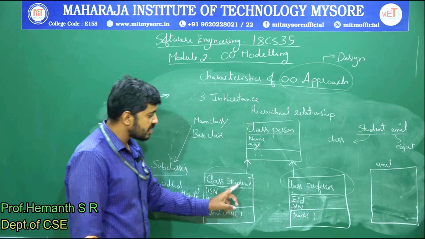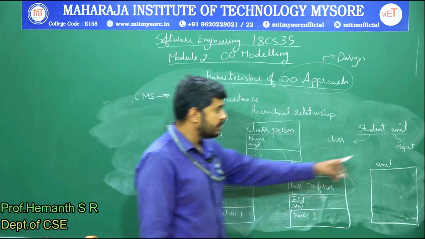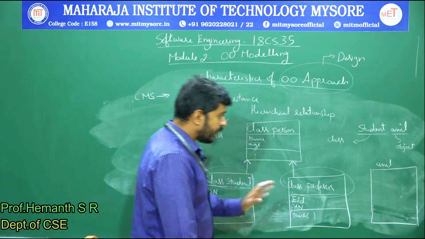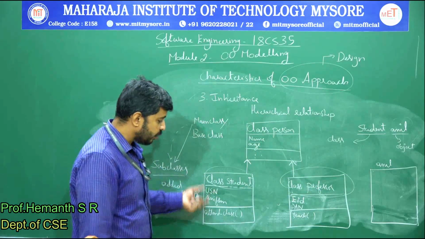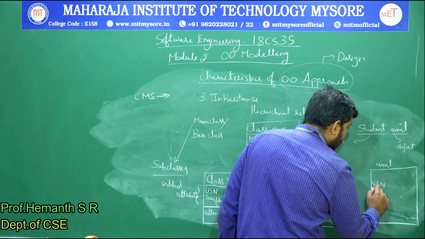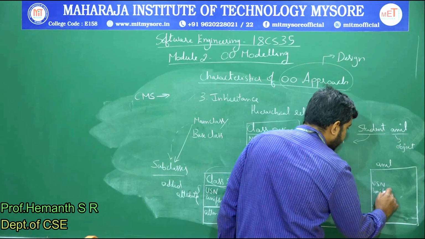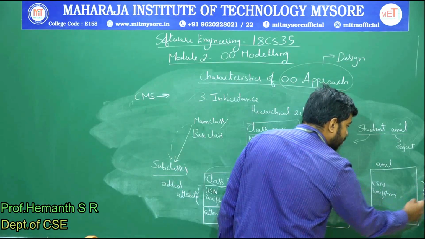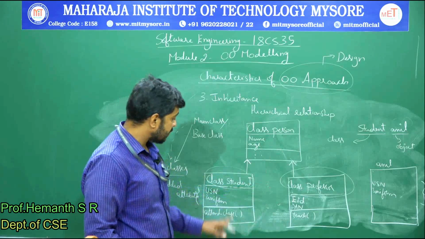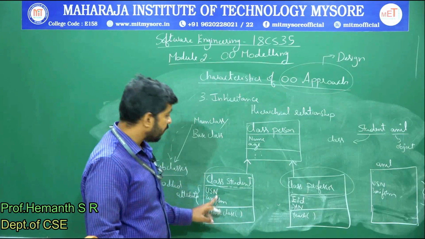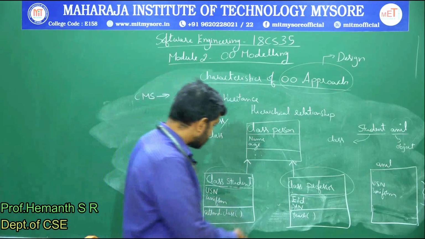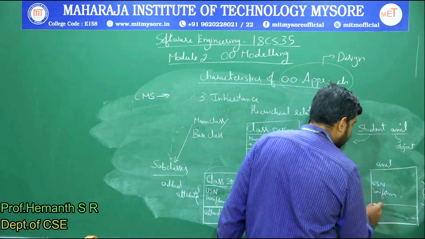The reason is Anil is an object or instance of the class student. So he will take USN and uniform. Why were the attributes USN and uniform taken by the Anil object? The reason is USN and uniform belong to the class student. Similarly, he will take this attend class.